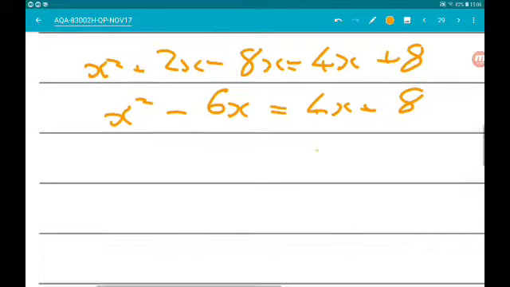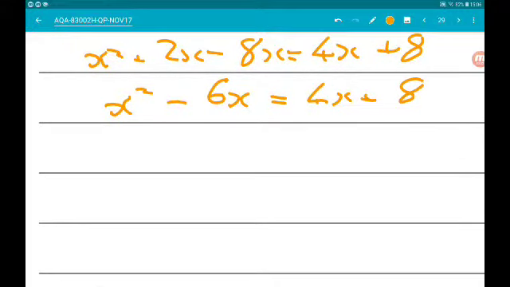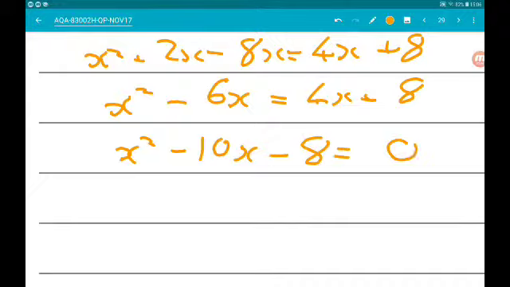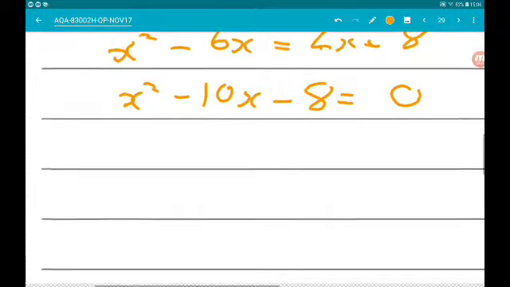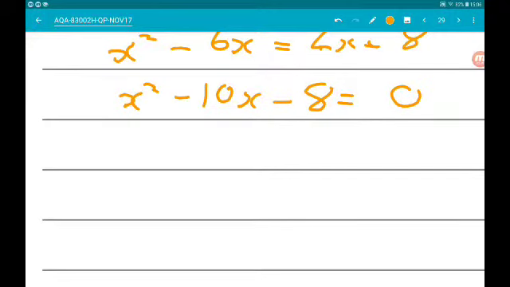Now we're going to subtract 4x, so x squared minus 10x, and we're also going to subtract the 8, so minus 8 is equal to 0. So there is our quadratic that we need to solve.